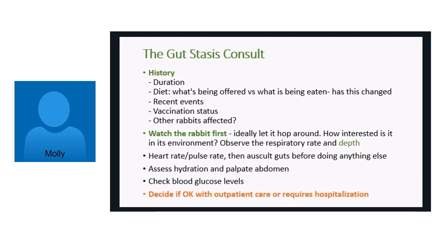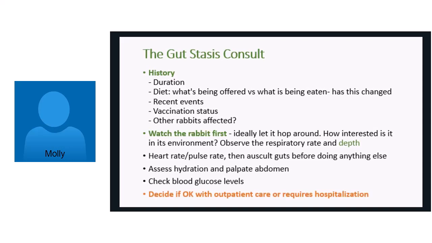In the UK, very much at the moment, we also want to check vaccination status. We are having an epidemic right now of RHD2, to the point that actually it is throughout the country. And we can certainly see rabbits becoming rapidly anorexic and dying of this. So again, in terms of any animal I'm bringing into my clinic, I want to know whether it's vaccinated, whether it's exposed, whether I need to keep it in isolation, whether I can be comfortable about it to a degree, what have you.